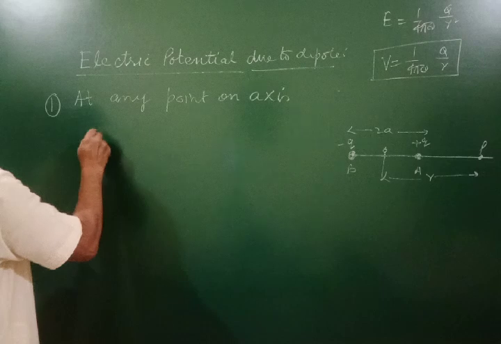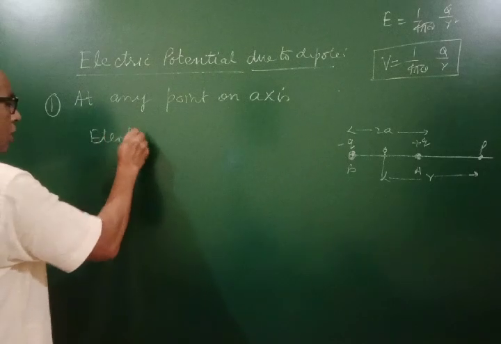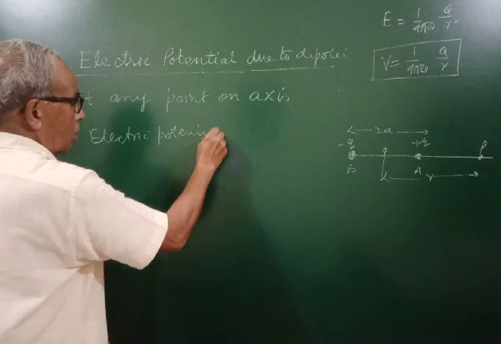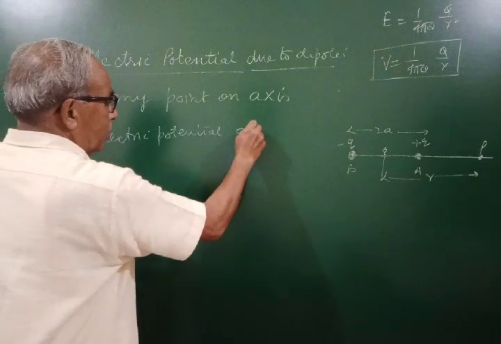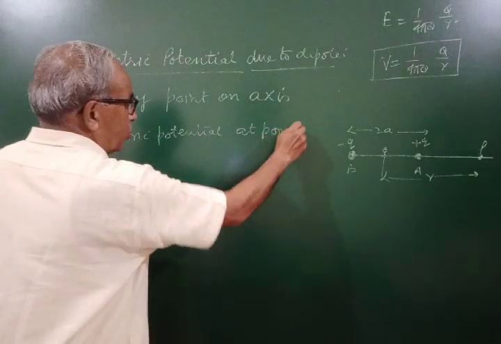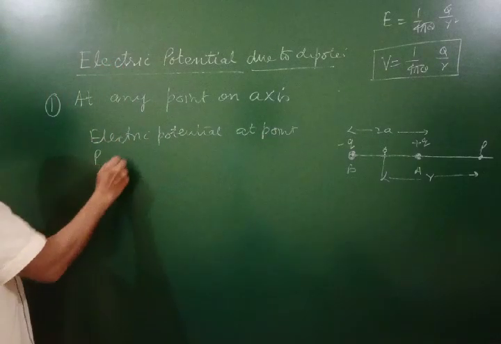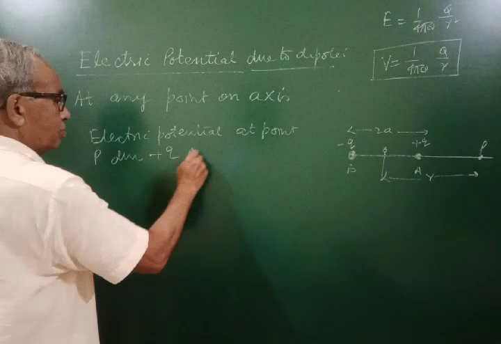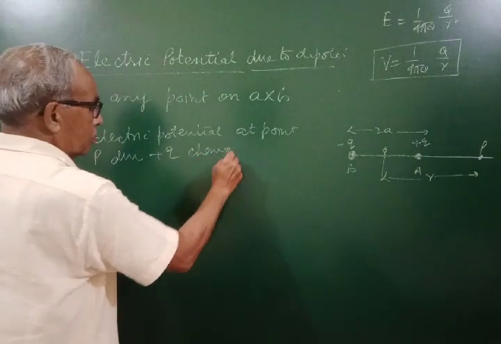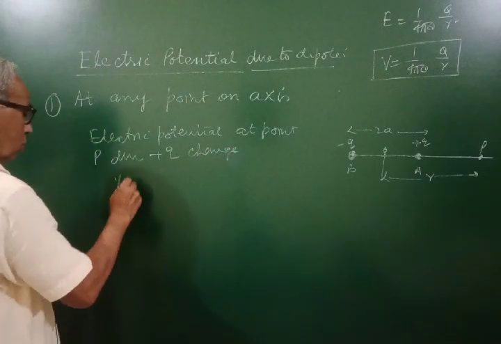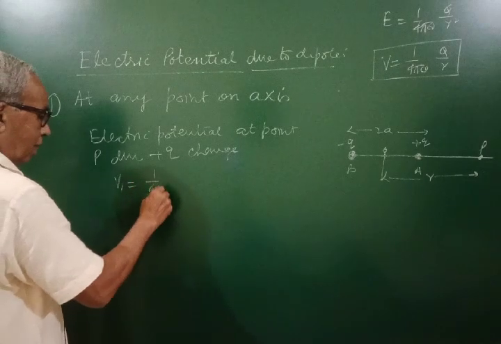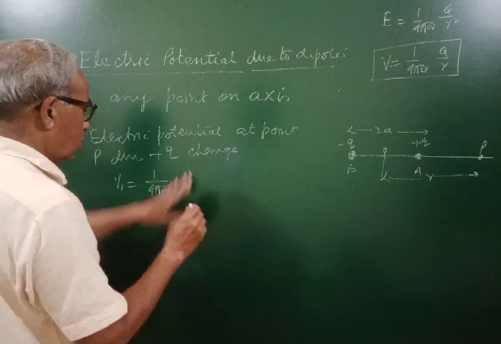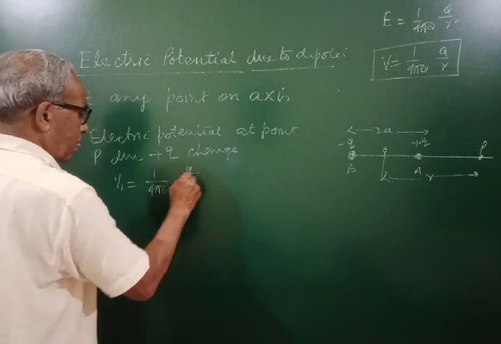Now the electric potential at point P due to the plus q charge, V1, is equal to 1 upon 4 pi epsilon 0 q upon r minus a.